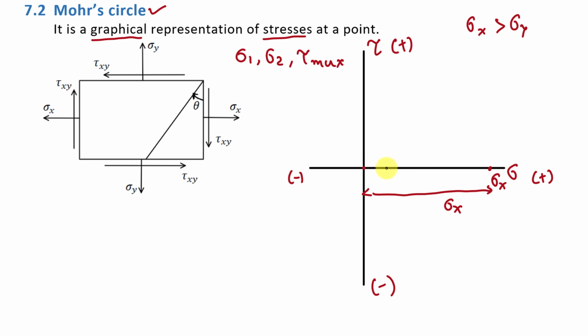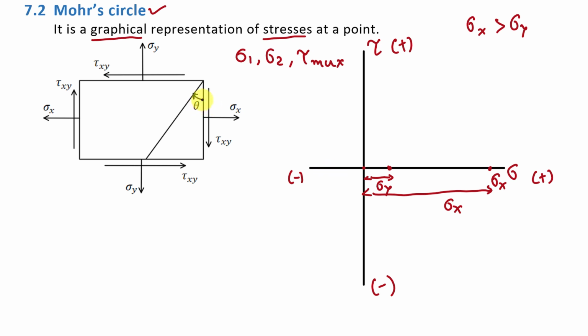So let's say sigma y is somewhere here, and this distance is sigma y. Here we assumed that sigma x is greater than sigma y, so I take sigma x here and sigma y here. Fine? Now if it is compressive in nature, then we have to take this stress on the left side of this point, means we have to take sigma y here.